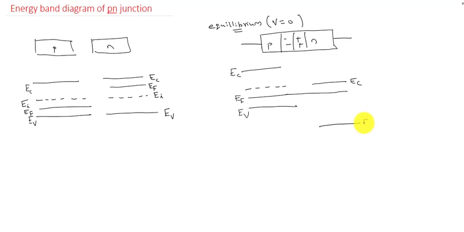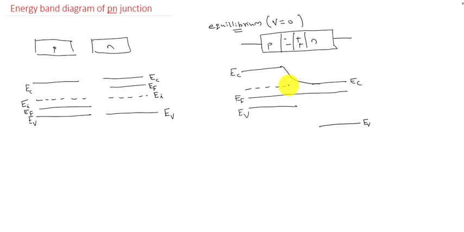EV will shift downwards, since EC is shifting downwards, to align the Fermi level with the P region. The P and N region Fermi levels should be aligned to form the depletion region or the junction. So EC, this is EV and this is the N side. Now we can join this EC and this EC.